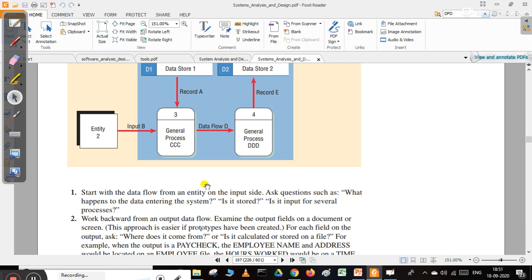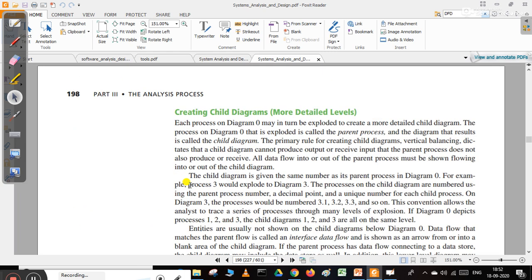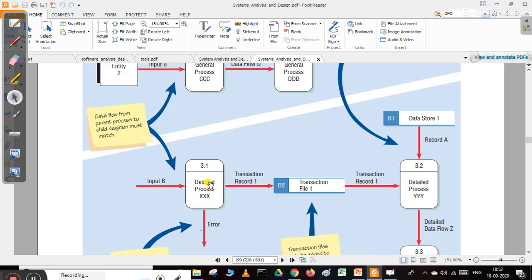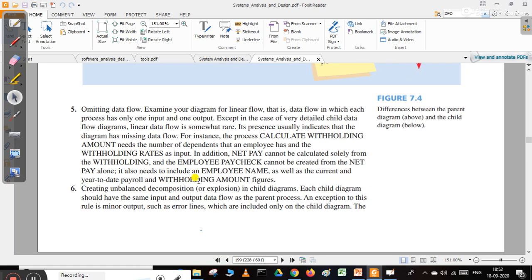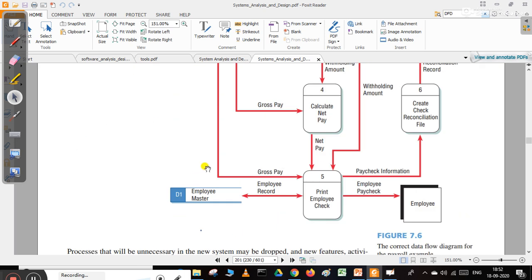You can find the description of other diagrams also. To understand how these things work in a detailed manner, please go through this. Okay, it is very important. As you are a computer application student, please go through these things. It will help you a lot to design any system in future.